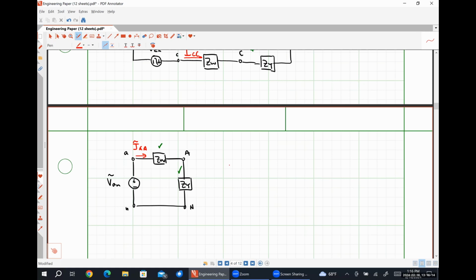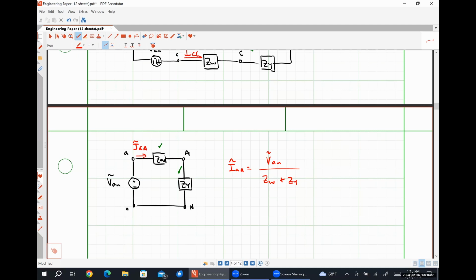Our line current IAA should just be our voltage VAN divided by ZW plus ZY. Ohm's law, nothing remotely fancy about this. Our only problem right now is that VAN wasn't provided to us, so we don't have our phase voltage. Instead, we were given our line voltage.